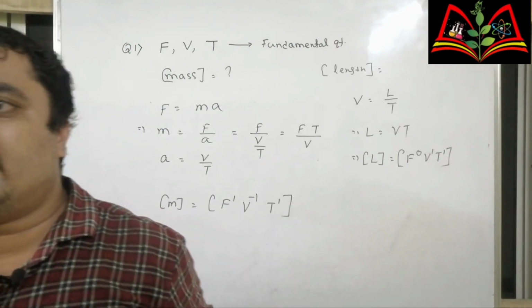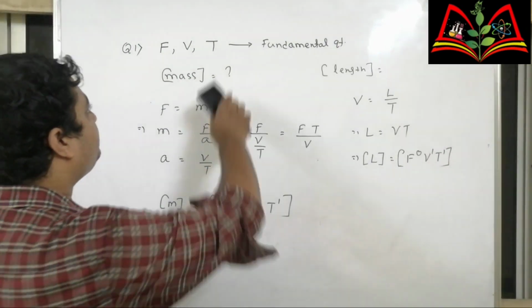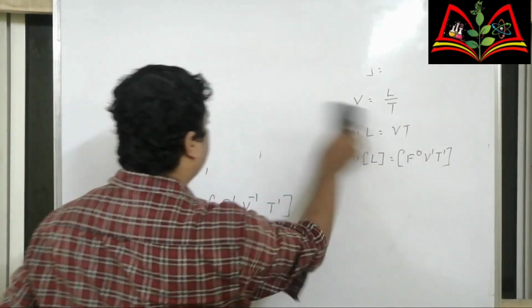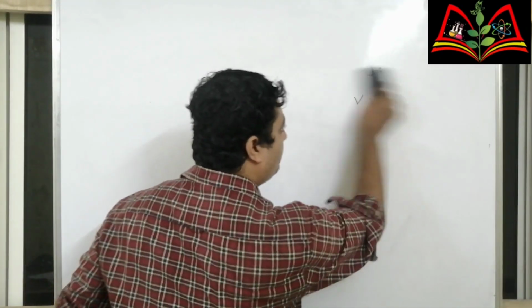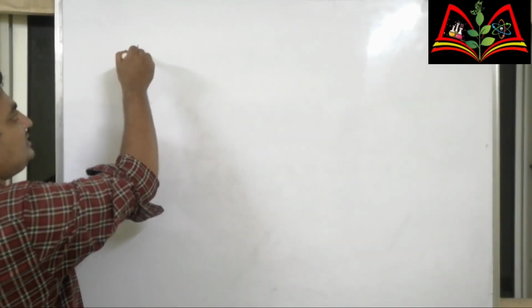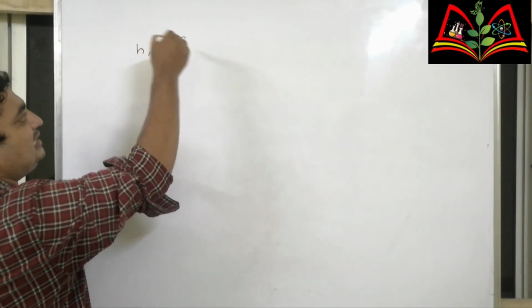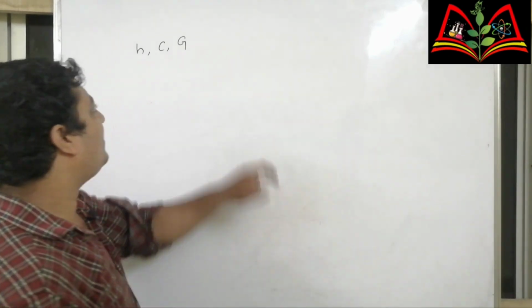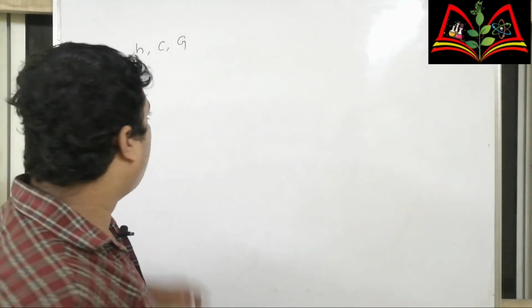Now, let us take another example. Now, if H, C and G are taken as fundamental quantities. What are they?